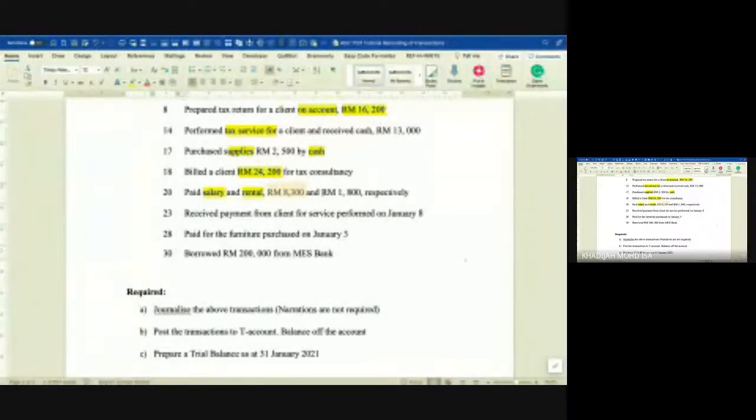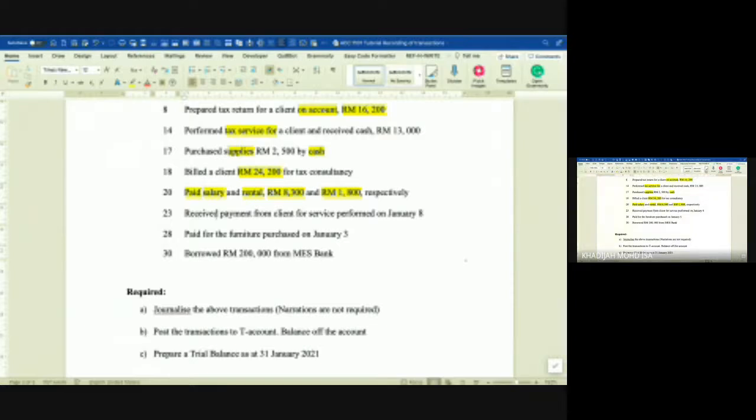Rental is 1,800. So you have to look at what is the value there and post it accordingly. Salary 8,300 debit, rental 1,800 debit. Why debit? Because it's an expense. Expense always has a debit balance, because it is related to owner's equity. When you spend, it means you reduce your owner's equity. When you generate revenue, you increase your owner's equity. And of course, when you make payment, when you say paid, it means it has to be cash.